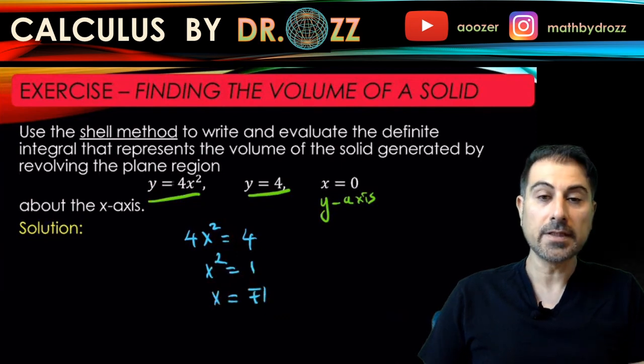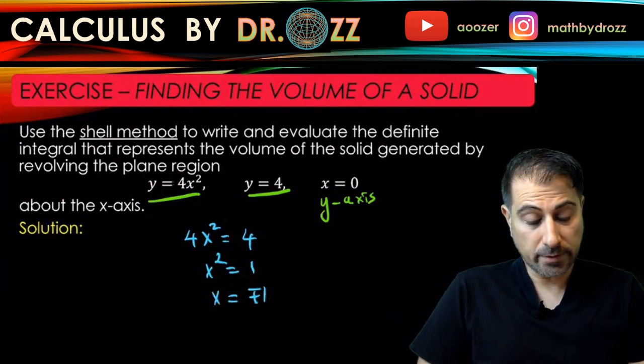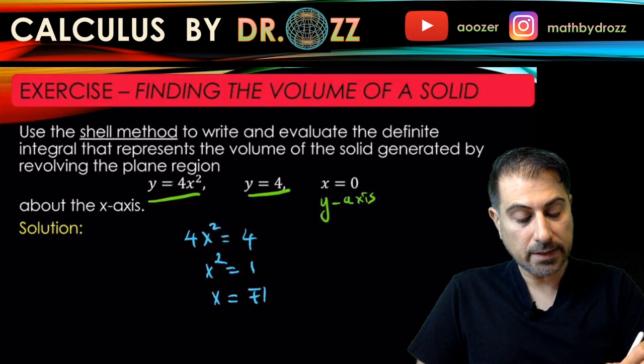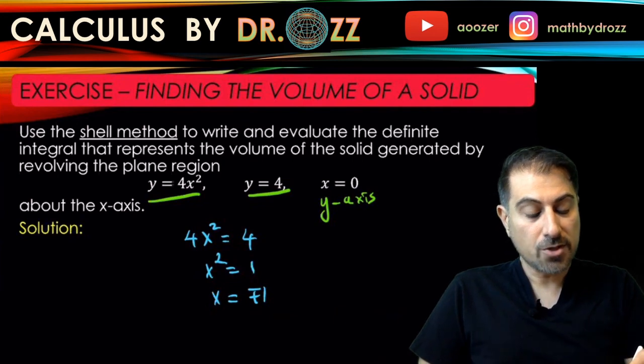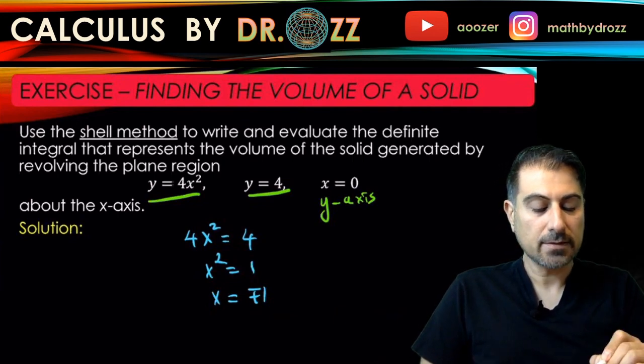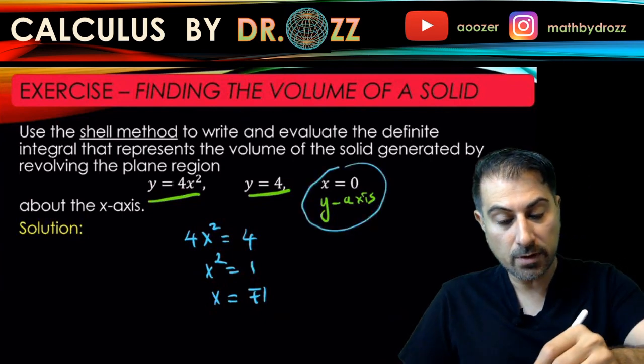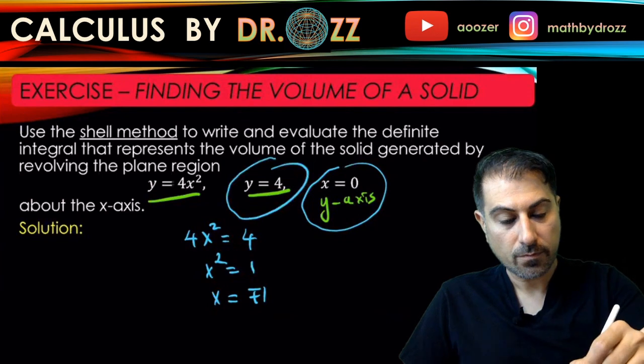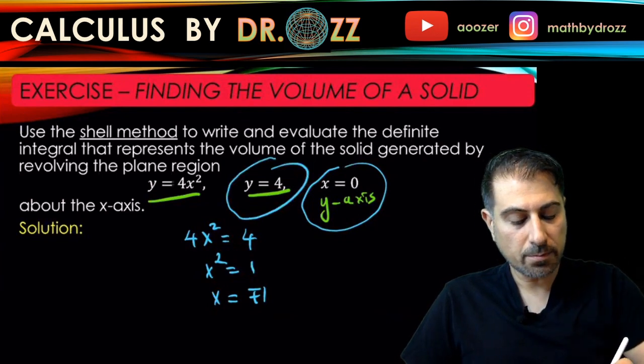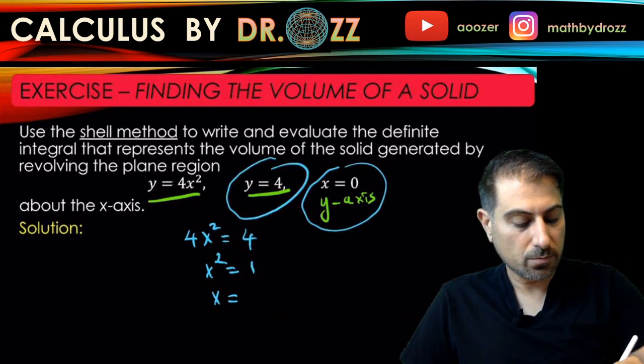So at x equals negative 1 and at x equals 1 they intersect, but our region is bounded by the y-axis and y equals 4, so we only get plus 1.